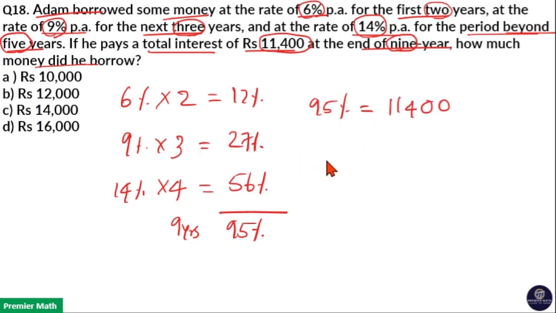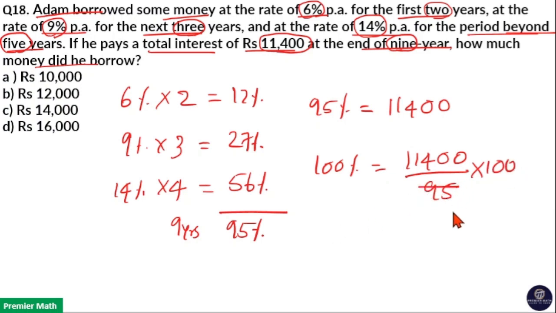Now we have to find the principal. Principal is 100%. 100% is the sum, that is the principal. If 95% is 11,400, then 100% is 11,400 divided by 95 into 100. Now, 5 goes 19 times in 95 and 5 goes 20 times in 100.